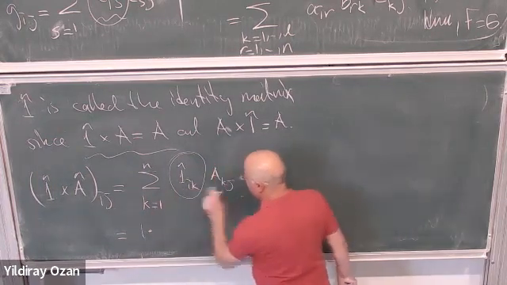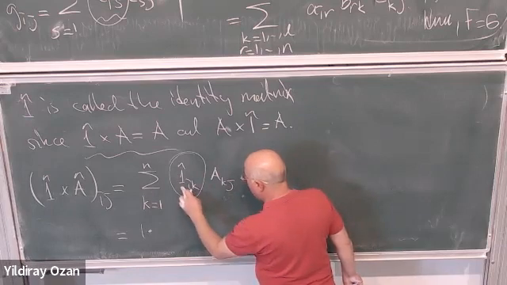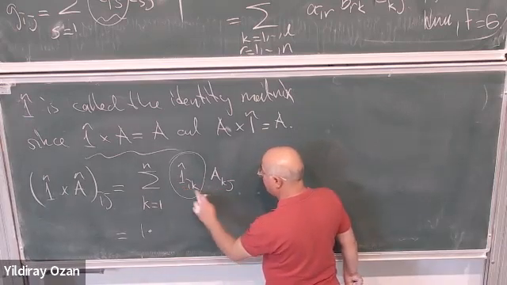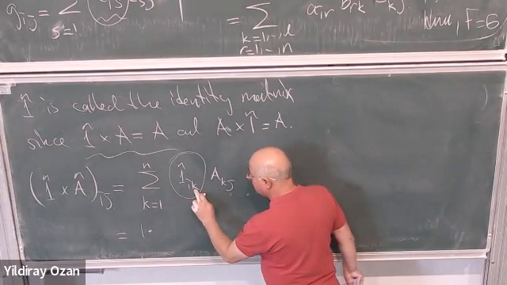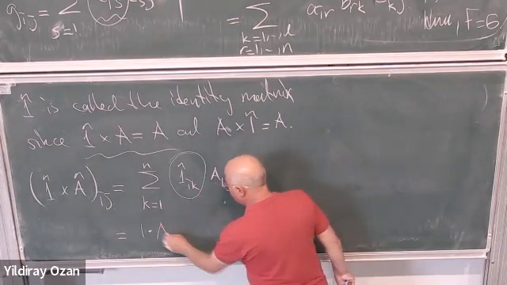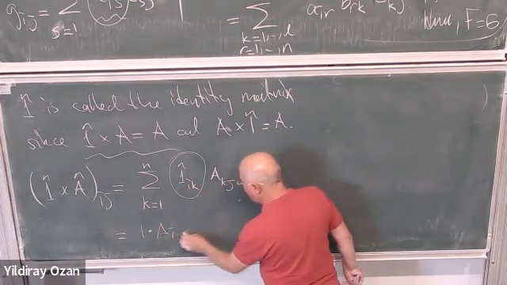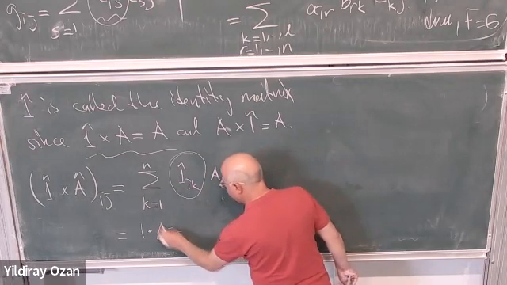So the summation is just 1 times this element. Here k is i, so I have Aij.